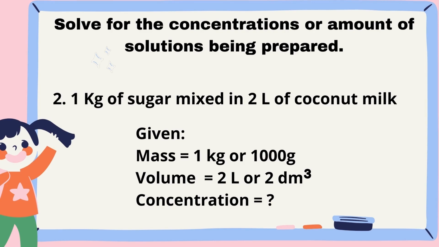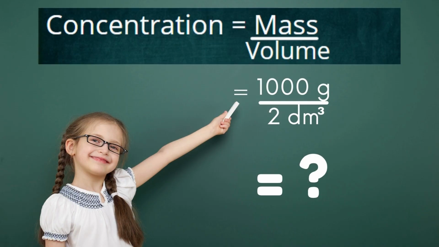Let us find out for the value of concentration. Concentration is equal to mass divided by volume. Mass is equal to 1,000 grams. Volume is equal to 2 cubic decimeters. Now, what is the value of concentration? You may use scientific calculator and answer this in your activity sheet.